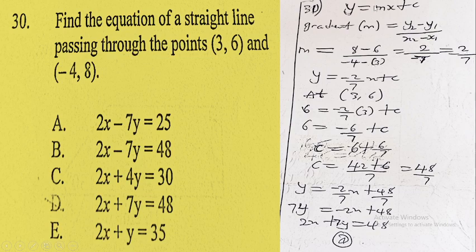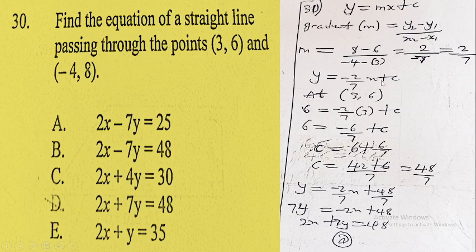If we put that into the equation, we have y equals minus 2 over 7 x plus c. At any of these two points, we can find the value of c, which is the y-intercept. I'll use the point (3, 6), because at this point x is 3 and y is 6.